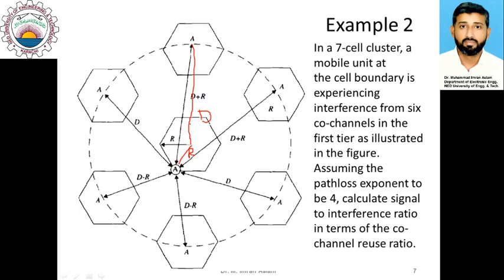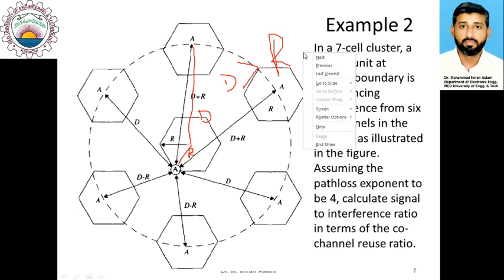You can use a trigonometric relationship to calculate this distance, but if you think of the cluster geometry, you will see that this D is actually much greater than R. In that case, the effect of D will be dominant and the effect of R will be smaller.